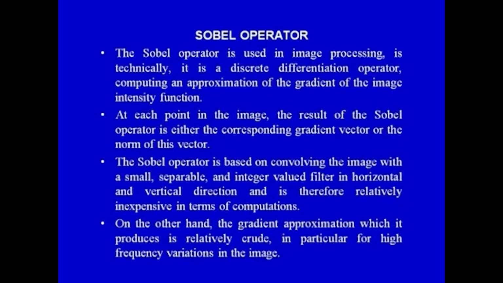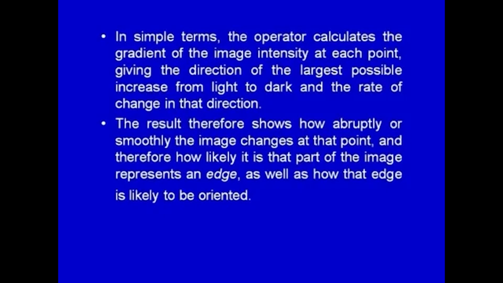On the other hand, the gradient approximation which it produces is relatively crude, in particular for high frequency variations in the image. In simple terms, the operator calculates the gradient of the image intensity at each point, giving the direction of the largest possible increase from light to dark and the rate of change in that direction.